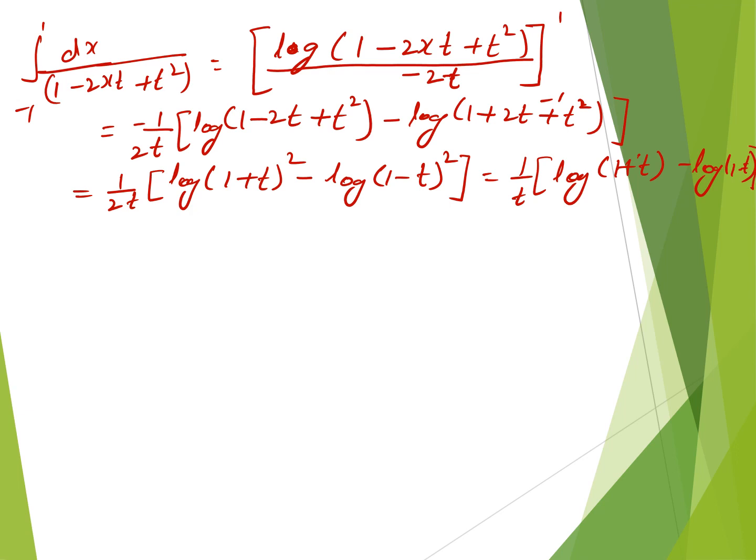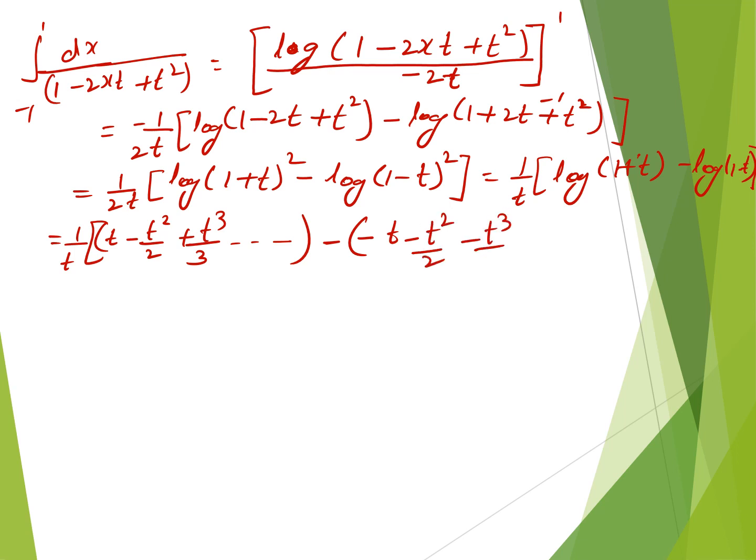Now expanding the log terms, we get 1 by t, first term is t minus t square by 2 plus t cube by 3 and so on, and minus the second term, for the log expansion is minus t square by 2 minus t cube by 3 and so on.